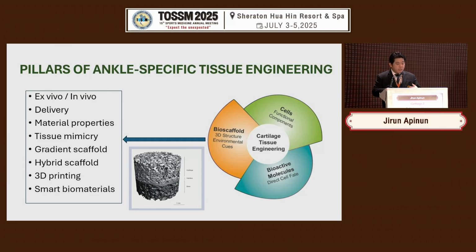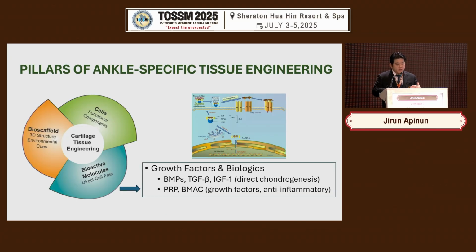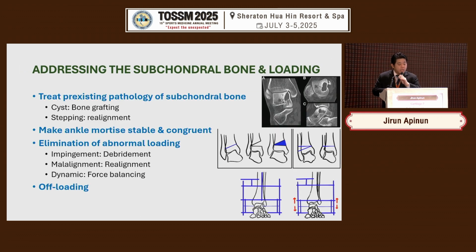And do we need to add a smart biomaterial for induction of the cells or releasing of molecules to make the cartilage regenerate better? And also the growth factors and biologics that we can use as adjuncts for cartilage regeneration.